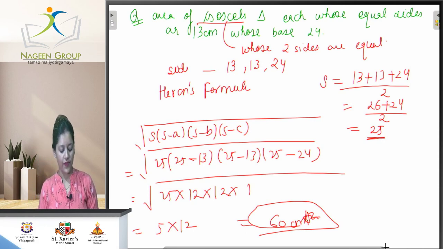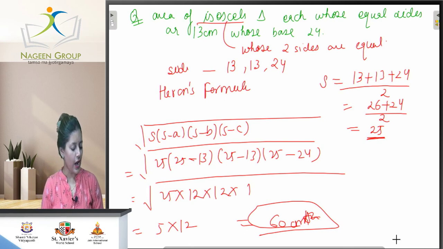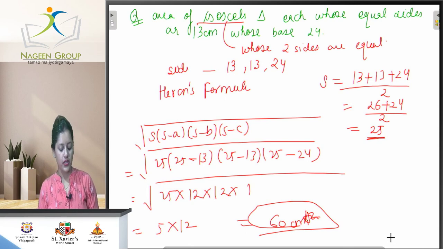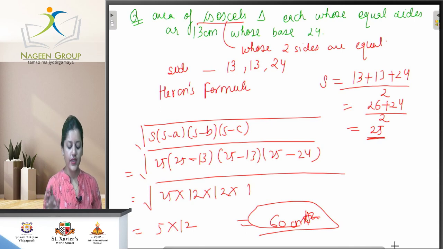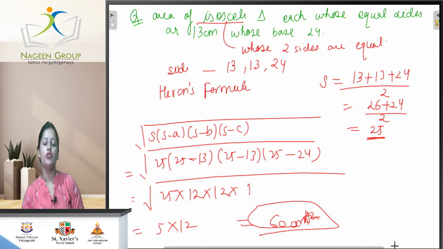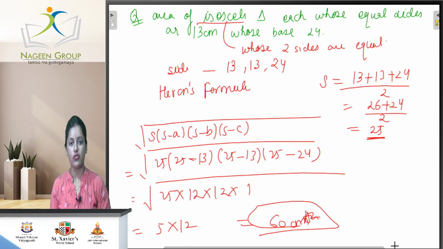So here we have completed our 10th chapter, that is Heron's formula, which clearly tells you about the history of Heron as well as how the formula is derived, as well as the different ways of finding the area of a triangle by different formulas. Now we are going to revise the whole topic which you have studied.